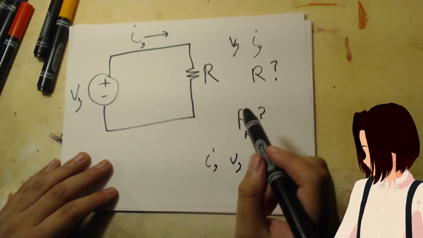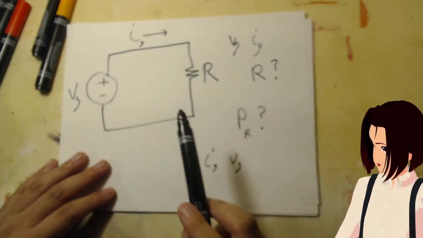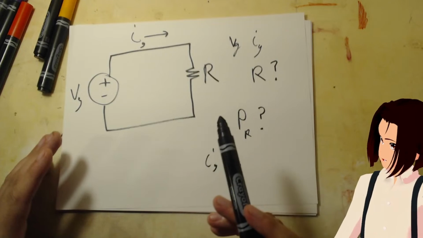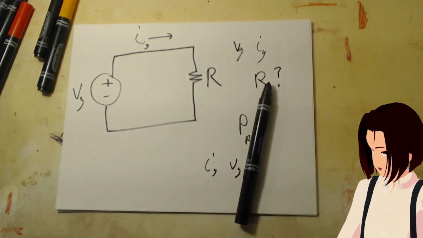Basically, if we know this, we can know the other values too. But we need to start from square one. So let's just get square one.